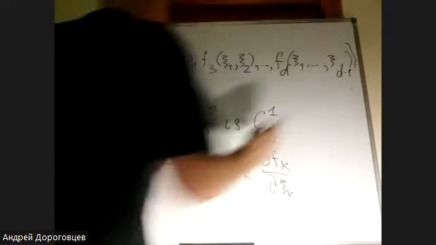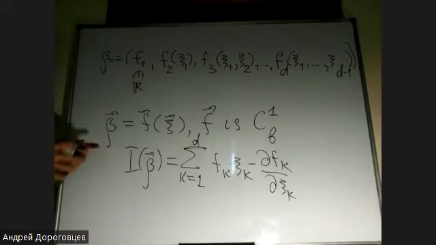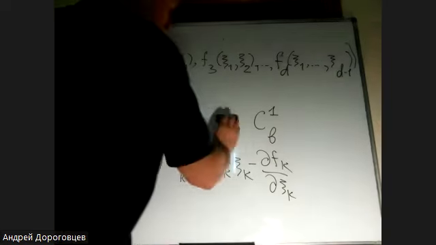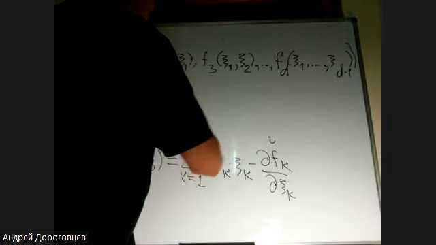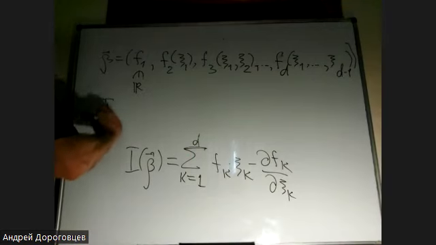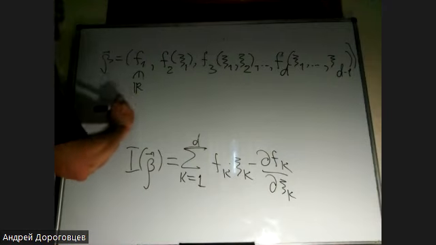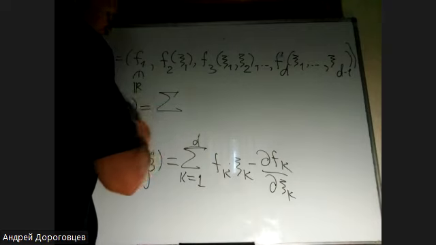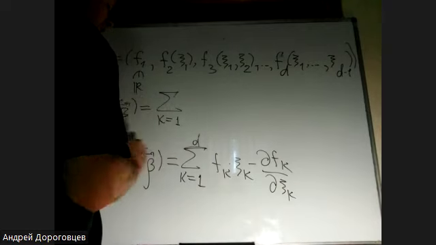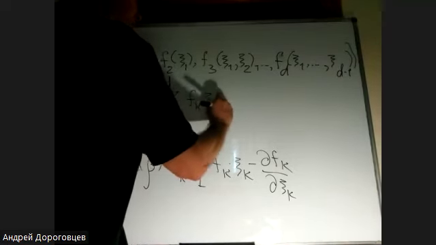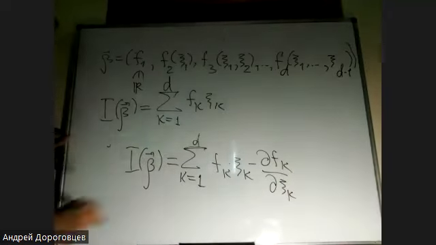Then, if we apply this procedure to our special random vector beta, we will get that I of beta is equal to the sum from k equals 1 to d of f_k psi_k. That's all, because this derivative is equal to 0.